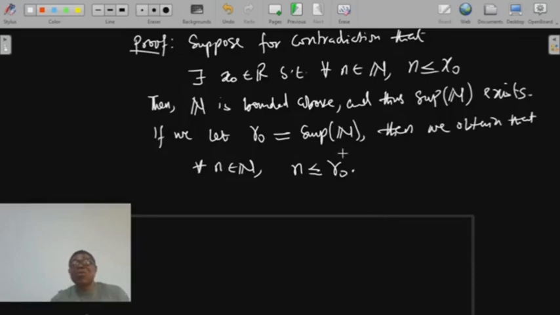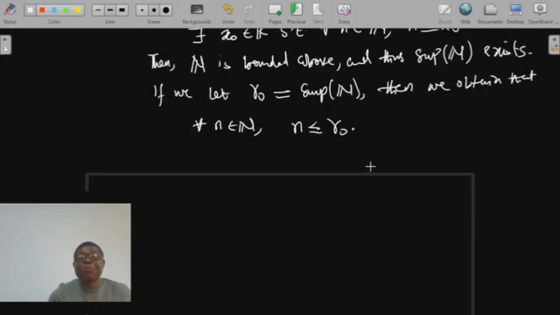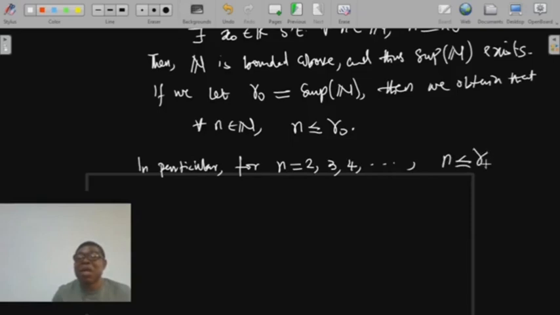This is what we have, because gamma naught being the supremum means that gamma naught is the least upper bound, and therefore gamma naught is an upper bound. So this means in particular, for n equals 2, 3, 4, and so on, n must be less or equal to gamma naught.